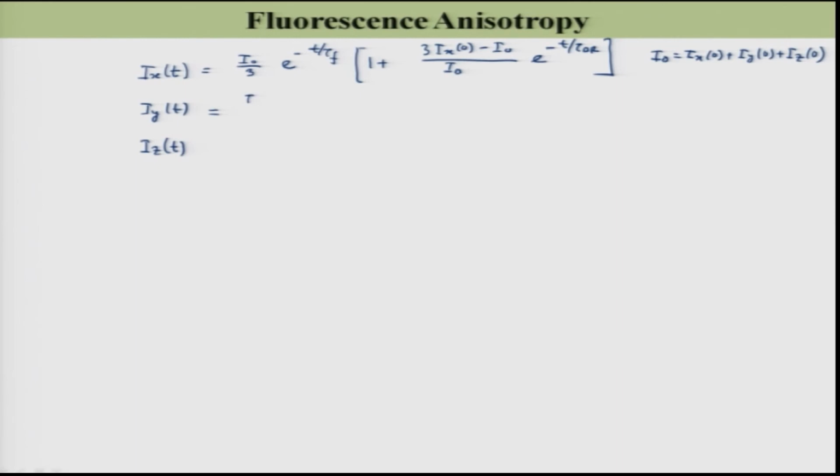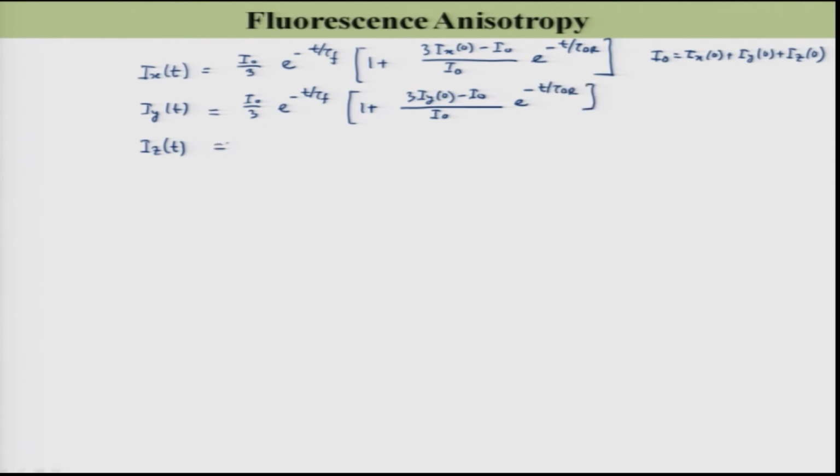So, I y t will look like I 0 by 3 similar equation e to the power minus t by tau f into 1 plus 3 I y 0 minus I 0 divided by I 0 e to the power minus t by tau r.